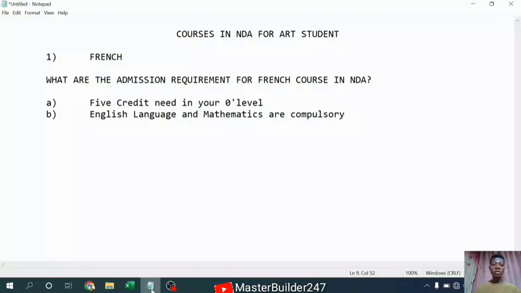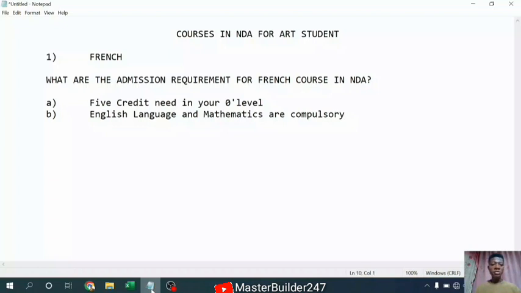It's so simple to understand. It means that in your O level, at least you need to have English language and mathematics included. Do you understand? In these 5 credits that you have, English language and mathematics are included.